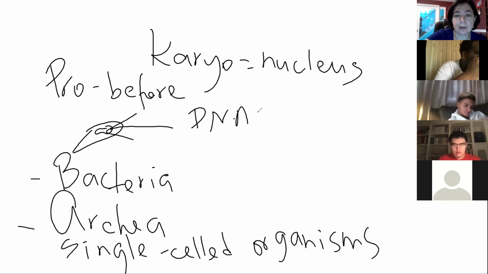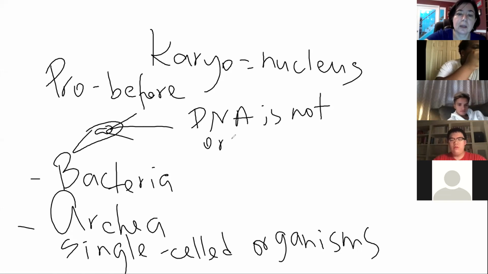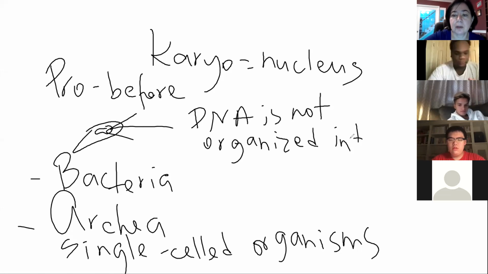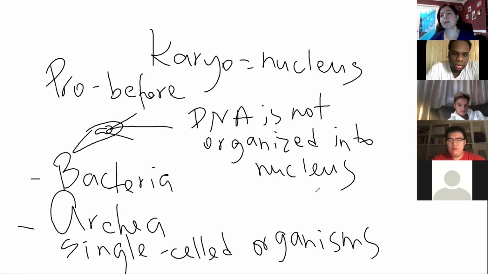DNA is not organized into a nucleus. Nucleus, again, is like a central piece inside the cell. So it's not organized into a nucleus because, again, it's really, really small, right?